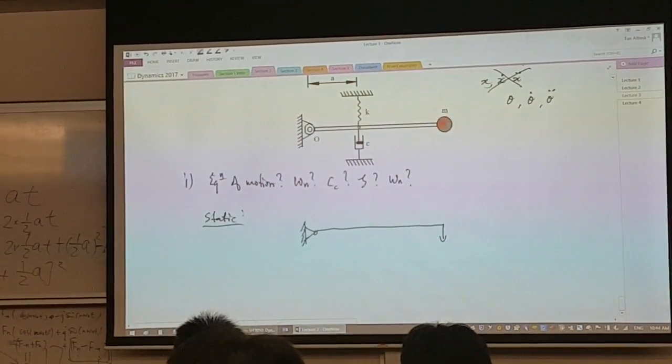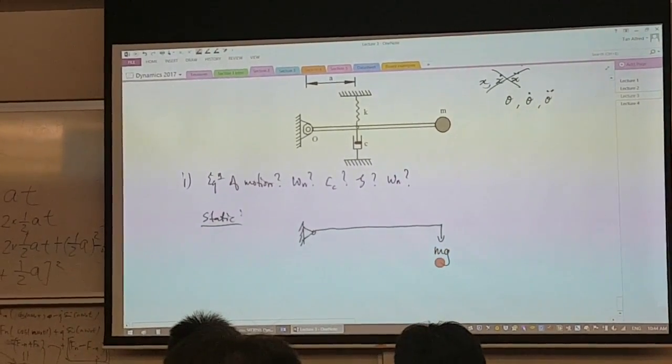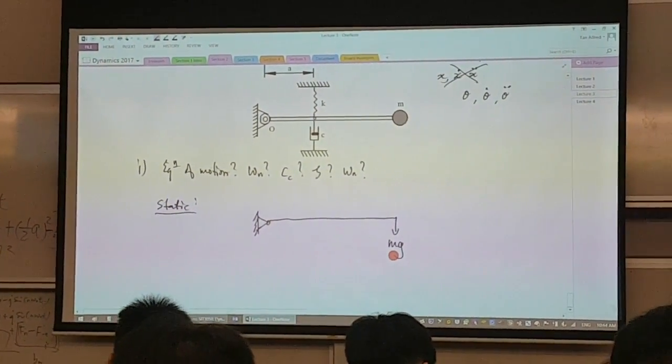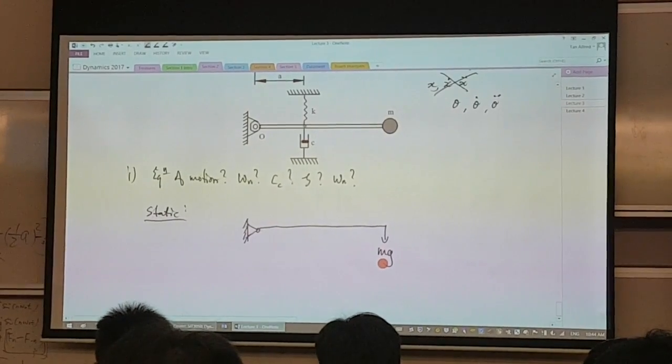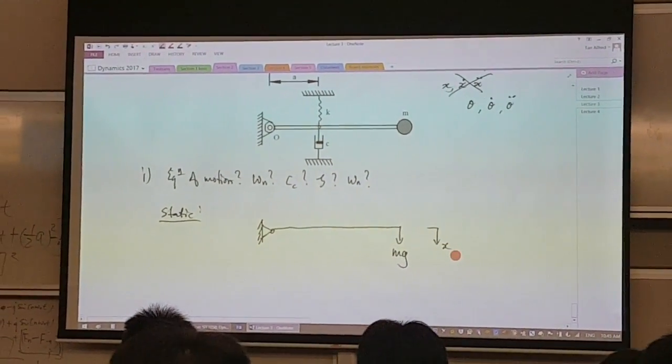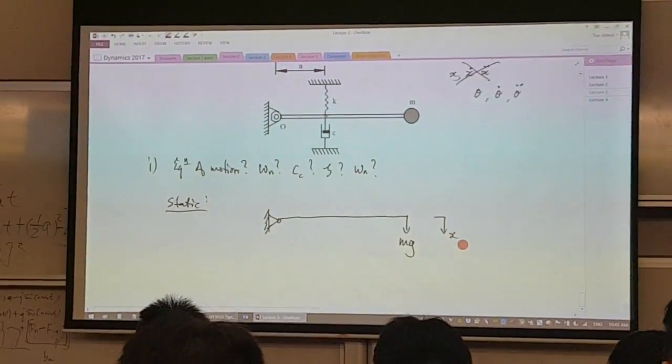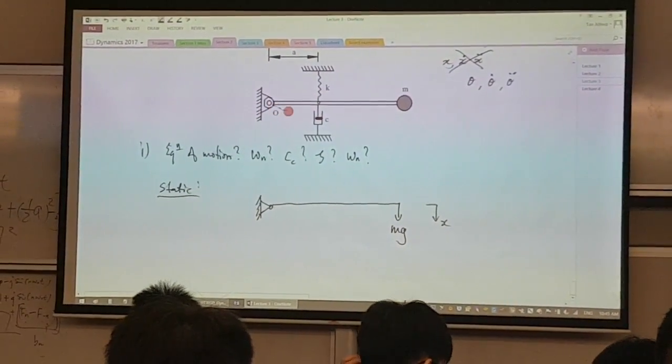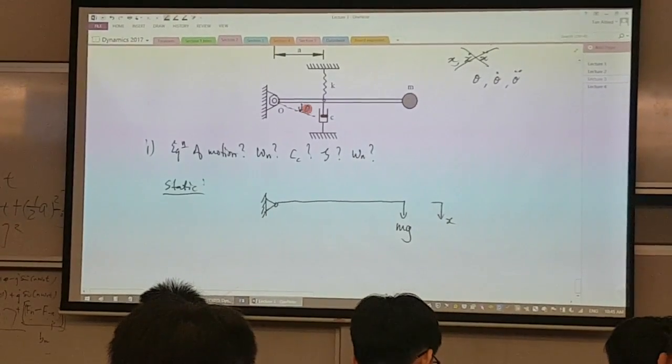And there's going to be this mass over here. The free body diagram of that is a point mass, so you'll have mg. My datum x is taken downward in that way. I think in your figure, the theta is written in that way.